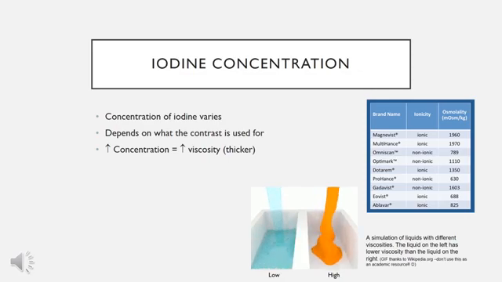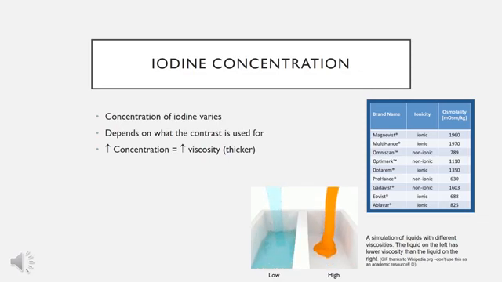If these were iodinated contrast, the one on the left would have a lower concentration of iodine atoms within its molecular composition. The contrast on the right would have a higher concentration of iodine atoms.